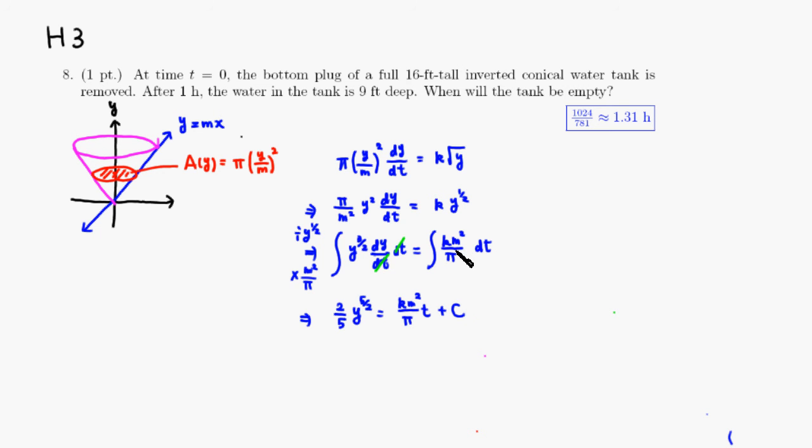Then we first multiply by 5/2. You get y to the 5/2 is equal to 5 k m squared over pi t plus 5 over 2 c. But there's no point in using a complicated expression for a number.